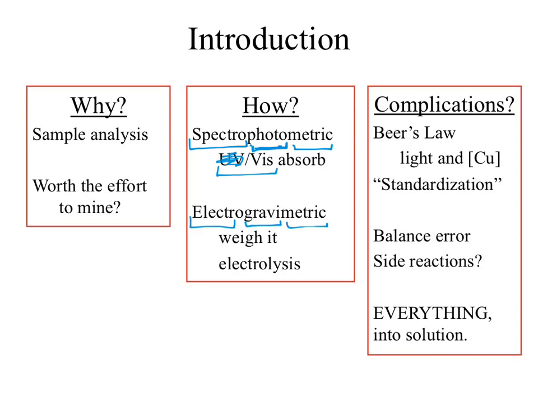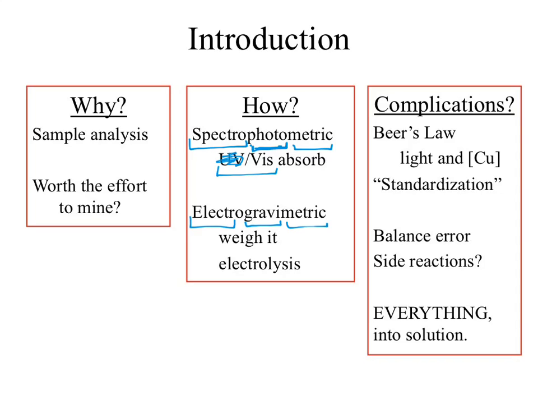One of the very first complications that we're going to have is everything needs to be in solution. To do the electrogravimetric stuff, we have to have electricity running through our sample. To get the electricity into our sample, we can't just put it directly into a dry powder, because the electric current's only going to hit where our electrodes are. So we're going to have to get our copper dissolved first.